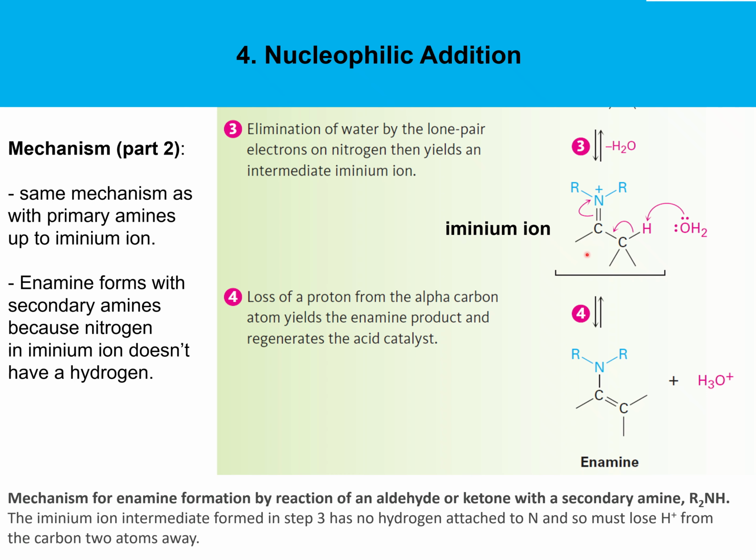Once we get to the iminium ion, this is where things differ between using a secondary amine and a primary amine. In the case of a primary amine, when we get to this iminium ion, we have a hydrogen where this R group is. So the next step was always to remove that hydrogen and basically get rid of the positive charge on the nitrogen.